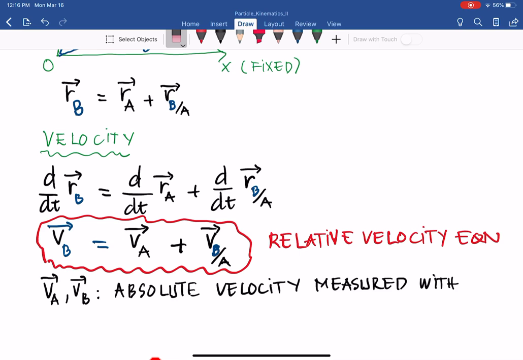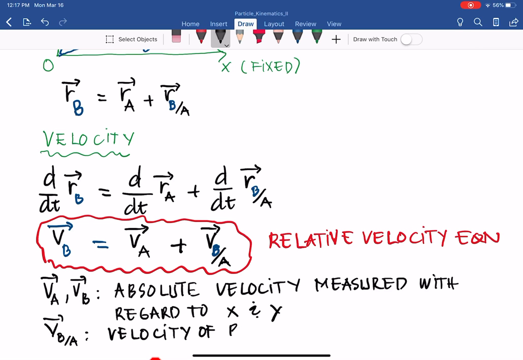So a fixed one. And what is VB relative to A? That is the one that we study, relative velocity. VB relative to A means the relative velocity of particle B relative to particle A.